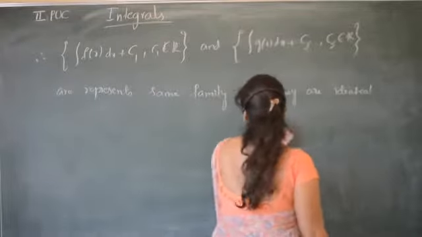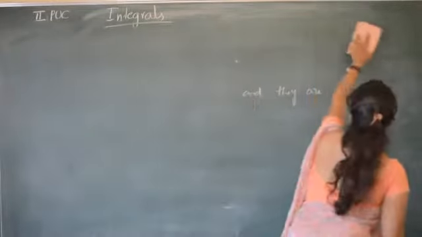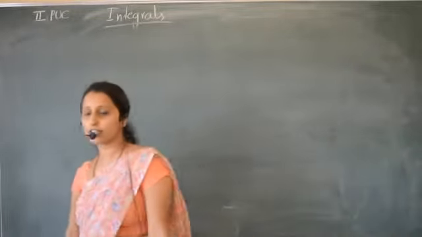Next property. So if we know that the derivative of f of x plus g of x can be written as the derivative of f of x plus the derivative of g of x, therefore the integral of f of x plus g of x also can be written as the integral of f of x and the integral of g of x.